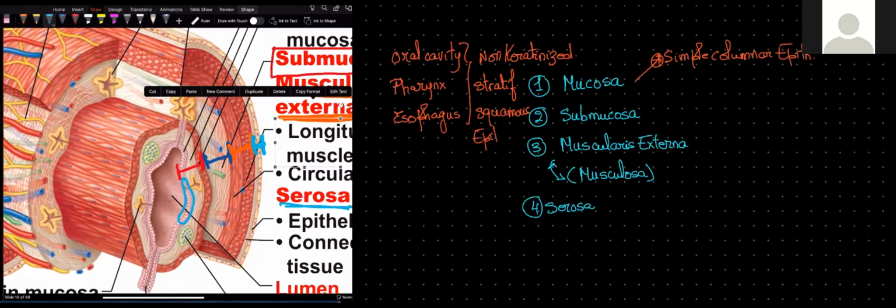And remember, those are sites that are directly exposed to the outside, so I need a higher level of protection. That's why I have multiple layers forming my epithelial covering.